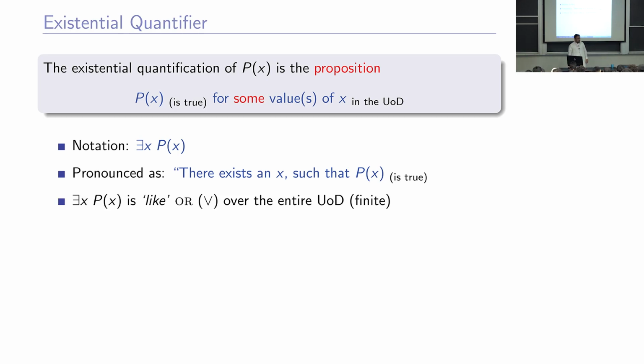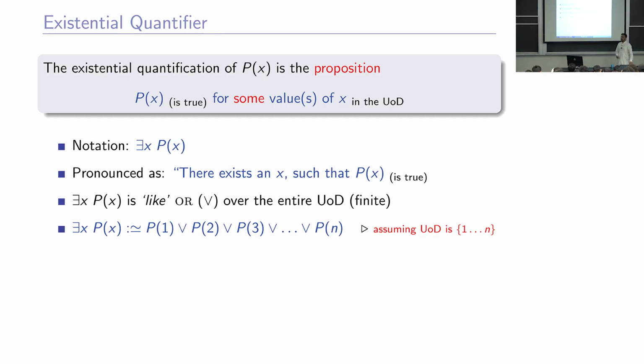In some sense, it is like the OR over the whole universe of discourse. Suppose your universe of discourse is the first n positive integers. You want to say that either P of 1 is true, or P of 2 is true, or P of 3 is true, all the way up to P of n is true, at least one of them is true.